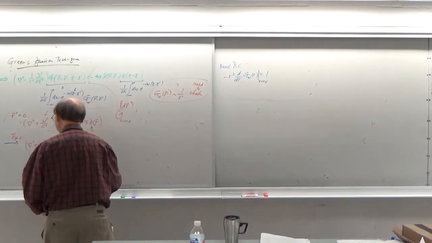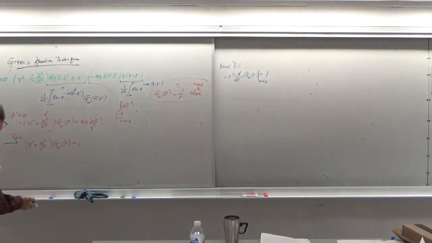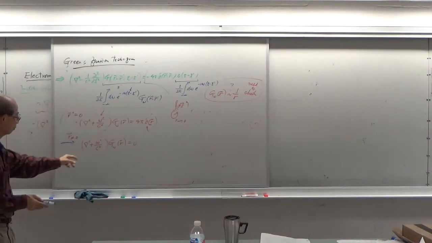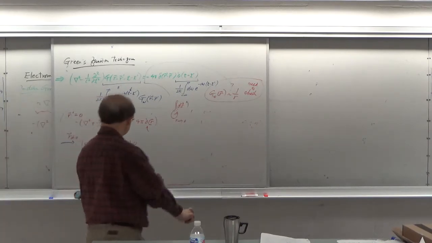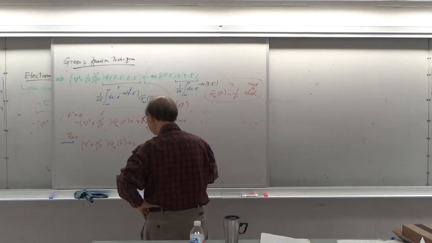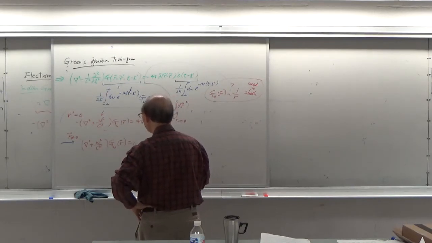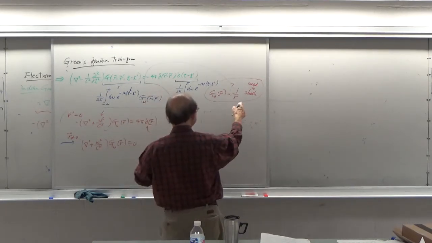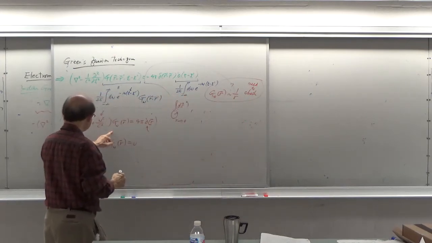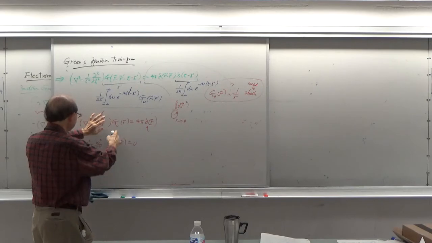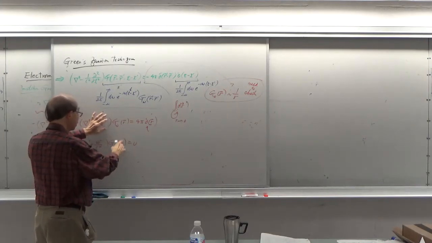All right. So I want to solve this differential equation for r not equal to 0. Good. And to do that, I know already, and I also have to check that this is correct, that in the static case, g of r goes like 1 over r.